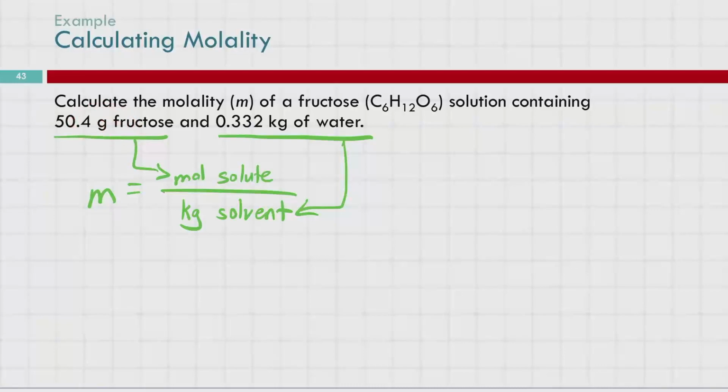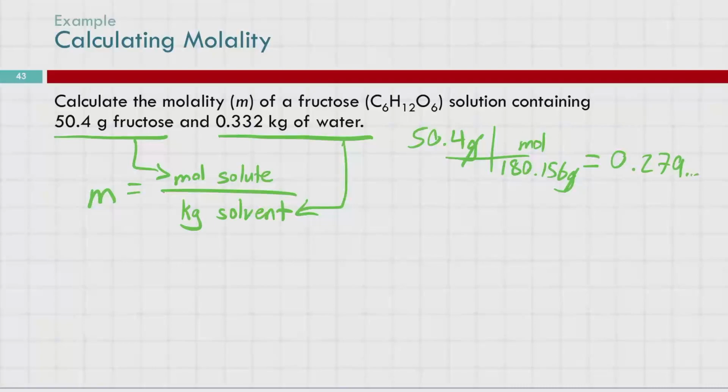We have grams of fructose, so we need to convert that to moles of fructose. 50.4 grams divided by our molar mass of 180 grams per mole is 0.279 and change moles fructose.